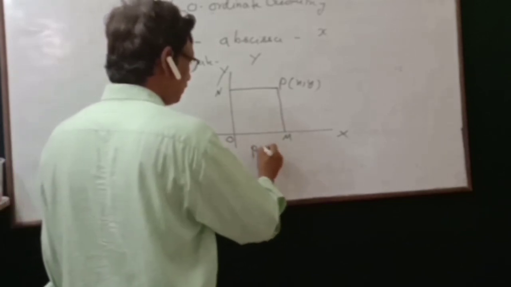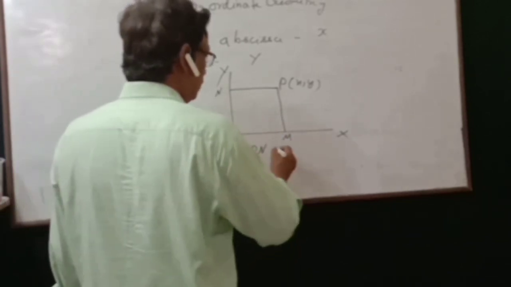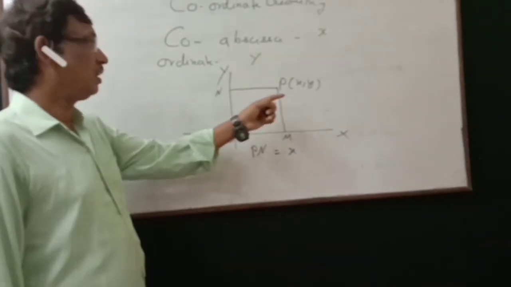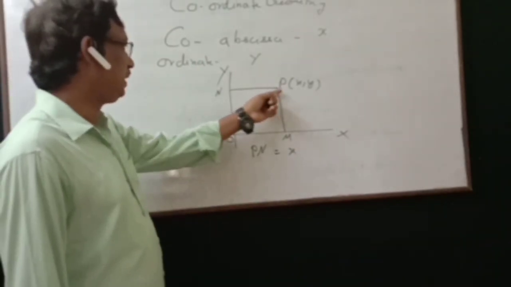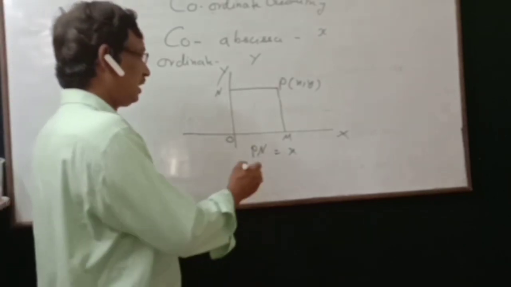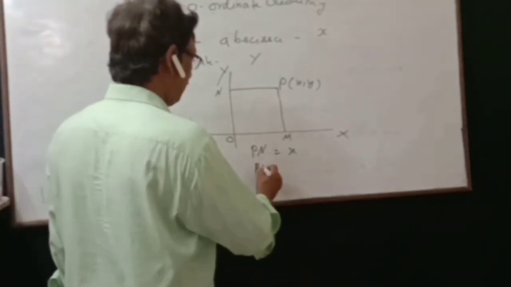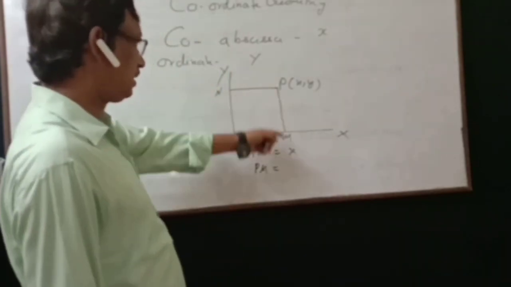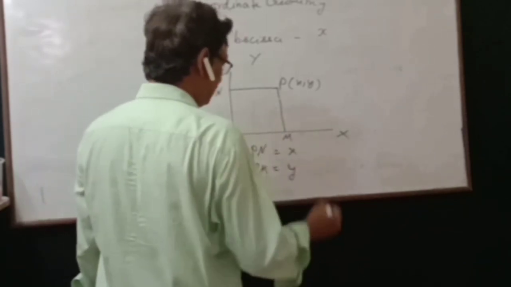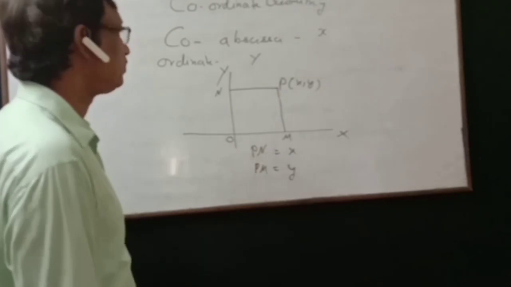PN is equal to x, the distance of the point P from the y-axis, and PM represents the distance of the point from the x-axis, that is y.